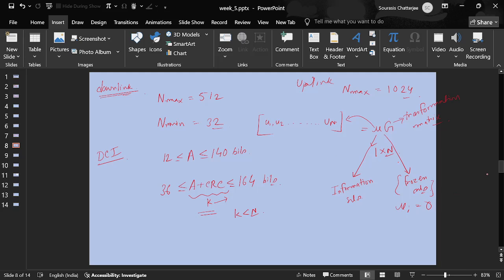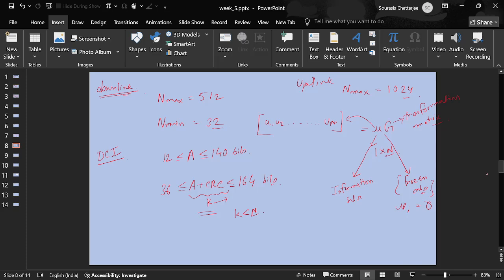Fine. And is there any segmentation happening here, like does DCI need to be segmented or something of that sort? Yeah, for uplink we'll segment, but not for downlink. And why do we not need to segment for downlink? DCI bits are very few compared to uplink. So for uplink you have nmax as 1024, right?